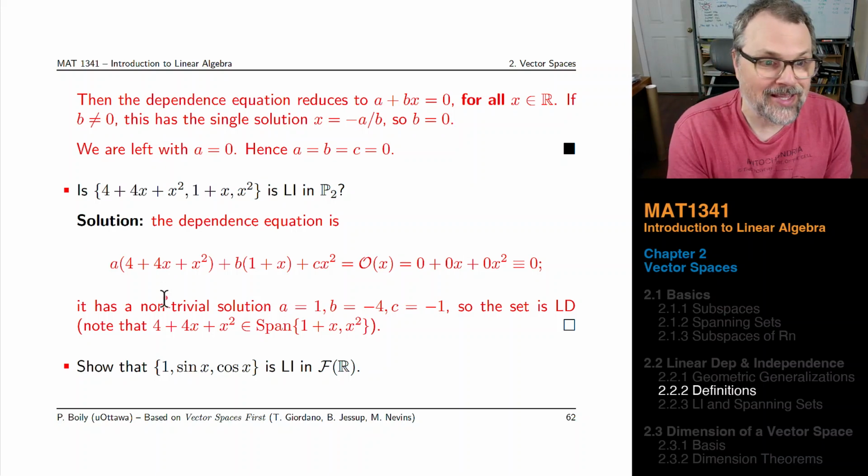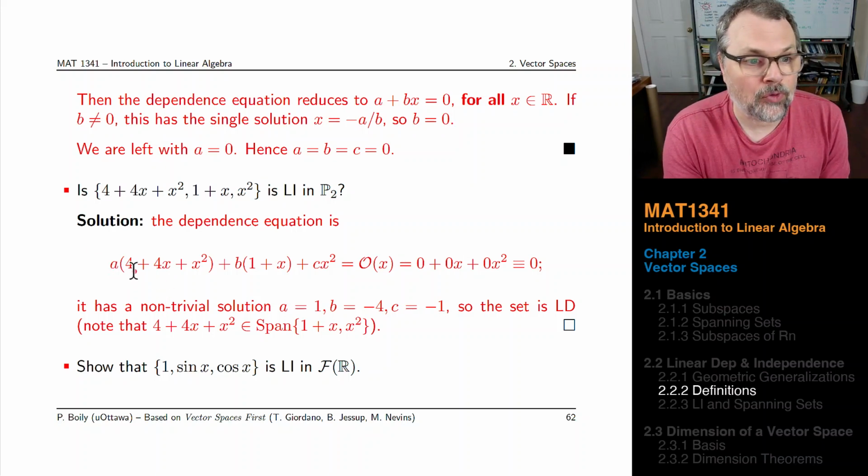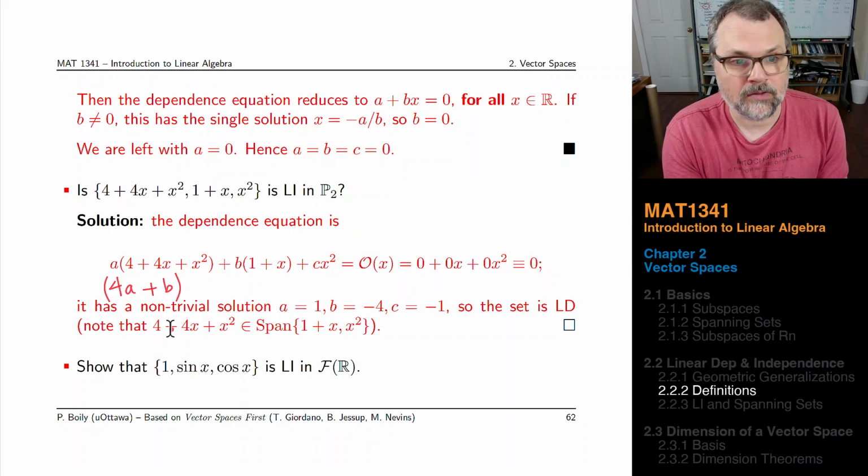So let me write that out. a times 4 plus 4x plus x squared, plus b times 1 plus x, plus c times x squared. That's the same thing as 4a plus b. That's all for the constant term. I'm going to do the linear terms.